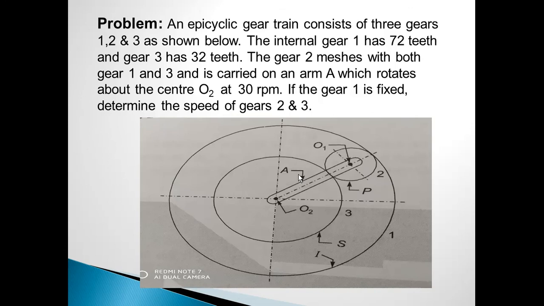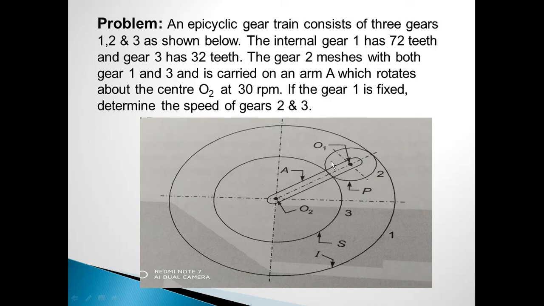Similarly, in this configuration diagram, if I consider that gear 3 is rotating in a clockwise direction and gear 3 is meshing with gear 2, then gear 2 will rotate in an anti-clockwise direction. So mathematically, the speed of gear 2 will have a negative sign.